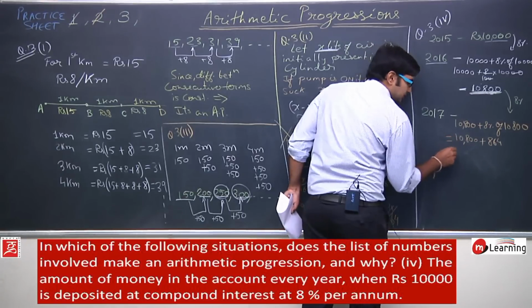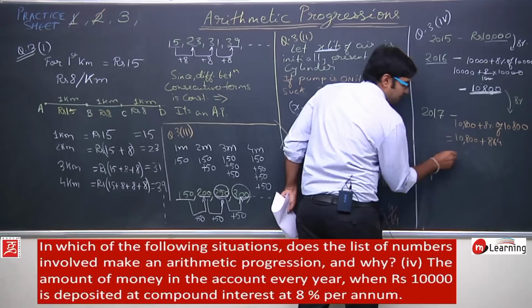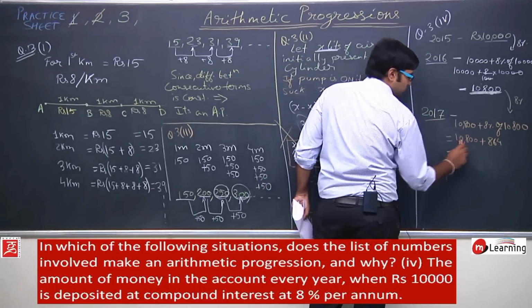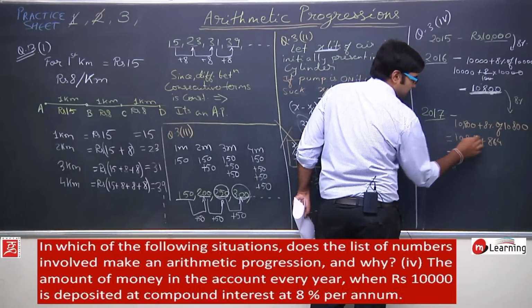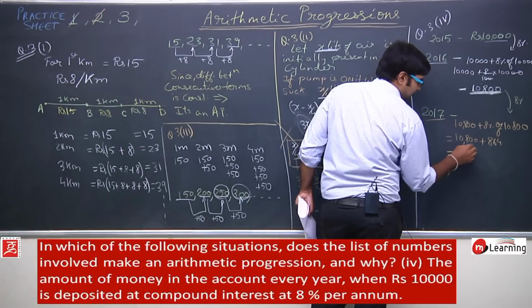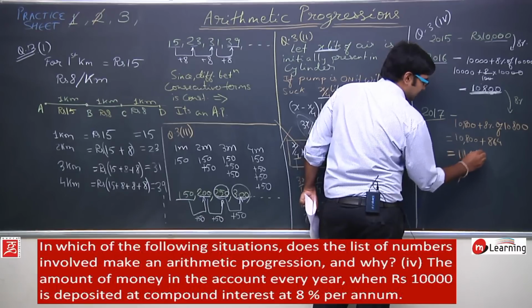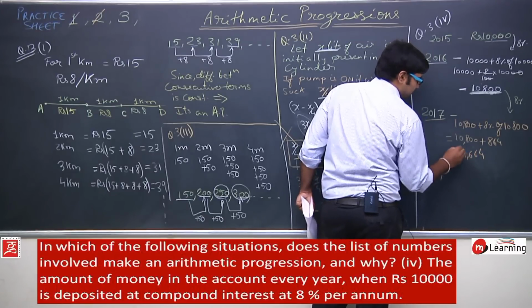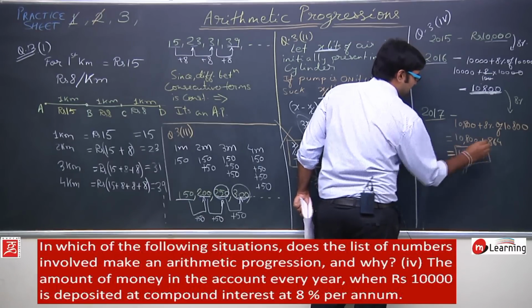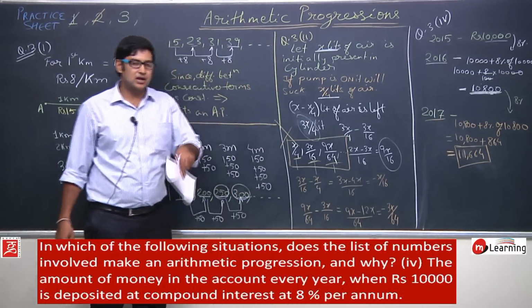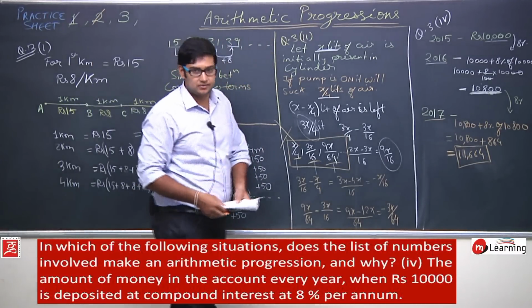So the total amount in my bank in 2017 will be 10,800 plus 864, which is 11,664. So this much amount will be present in my account if I keep my money in the same bank, in the same account, for 1 more year.